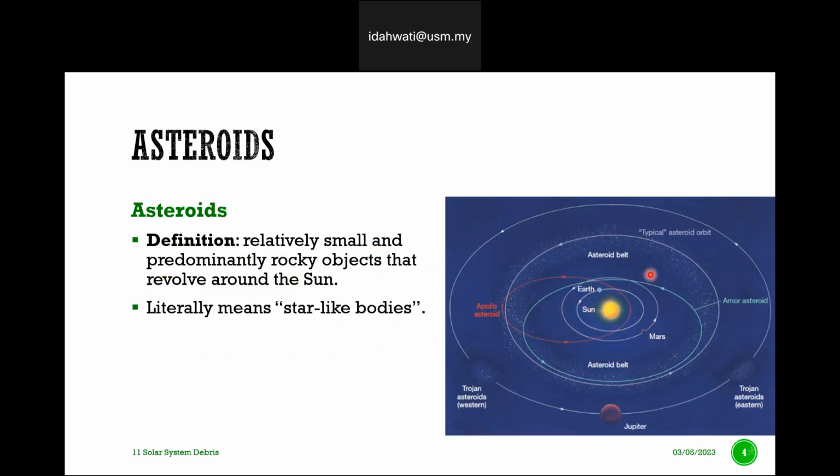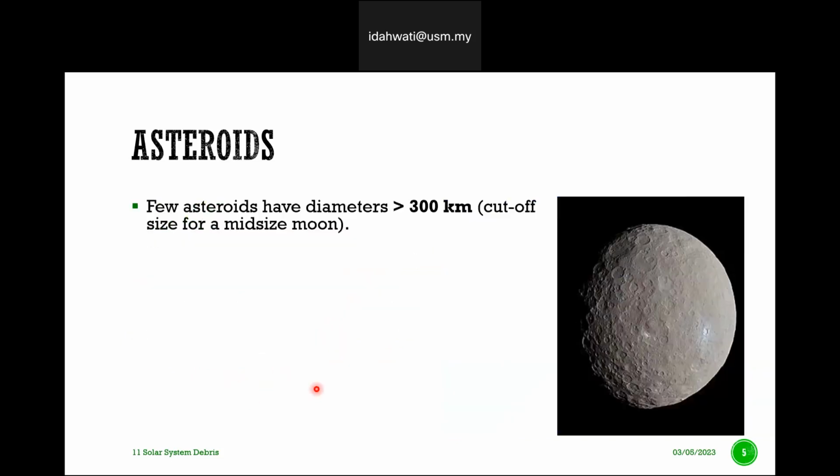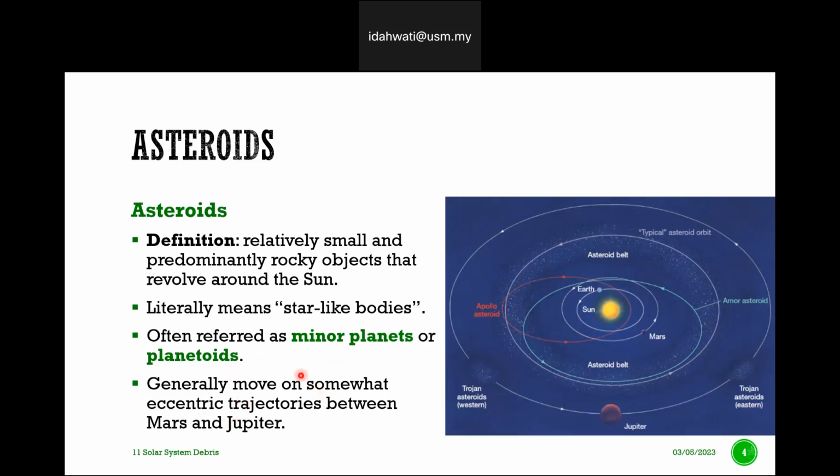Literally it means star-like bodies, and they are referred to as minor planets or planetoids. Generally they move on somewhat eccentric trajectories between Mars and Jupiter.